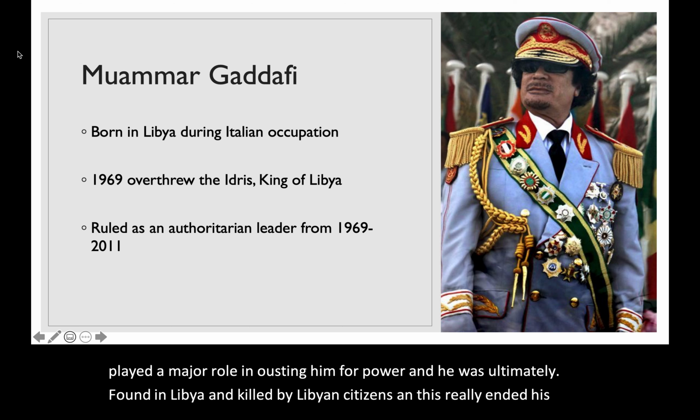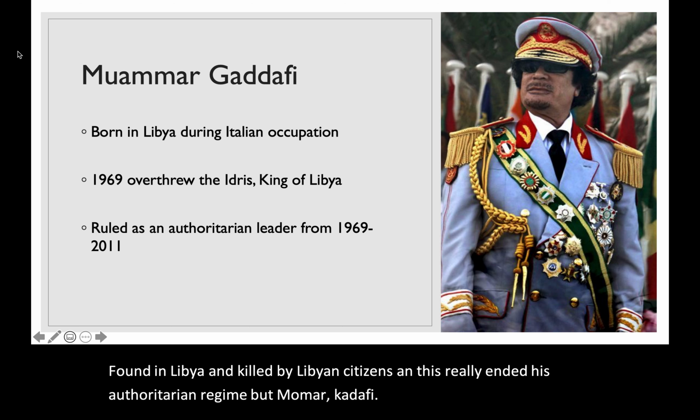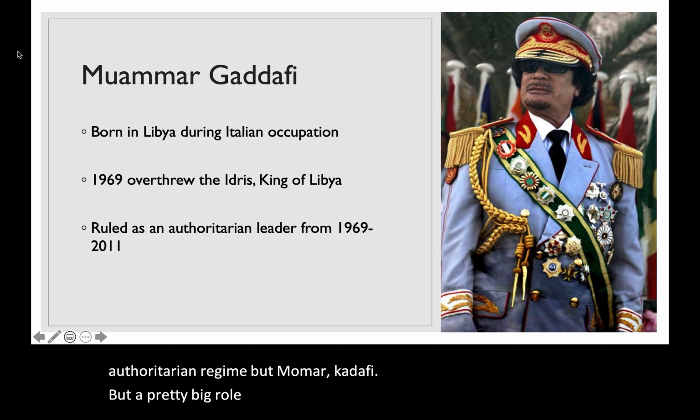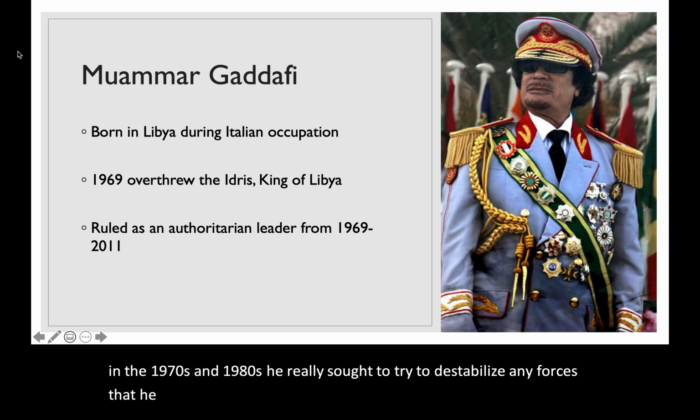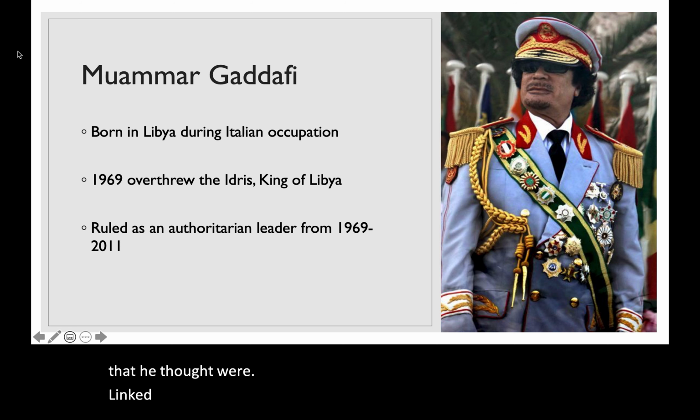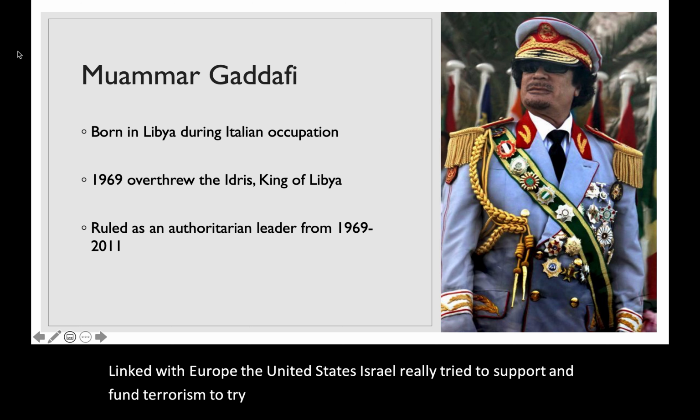But Muammar Gaddafi played a pretty big role in sponsoring terrorism around the world, especially in the 1970s and 1980s. He sought to destabilize any forces that he thought were linked with Europe, the United States, and Israel, and tried to support and fund terrorism to counter these forces internationally.